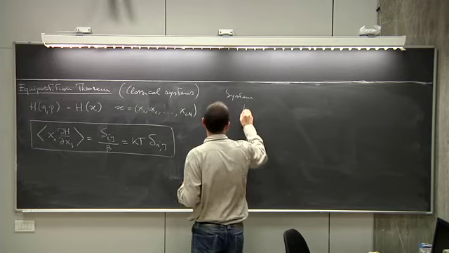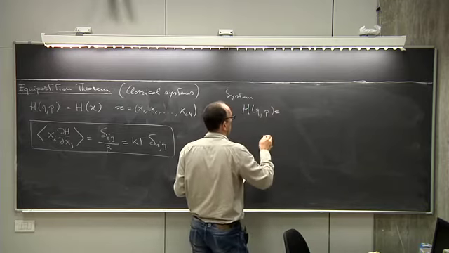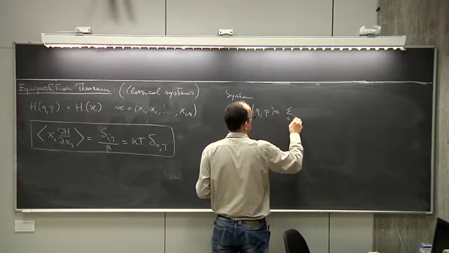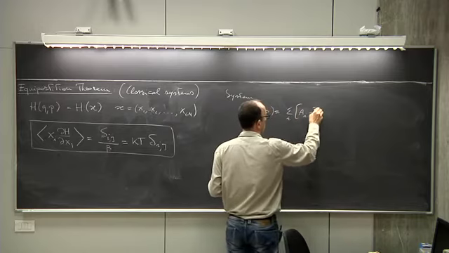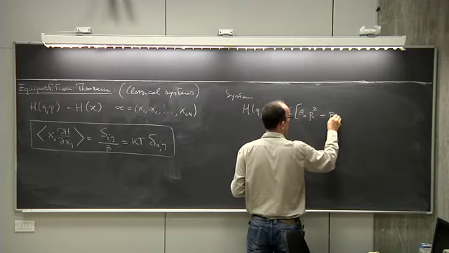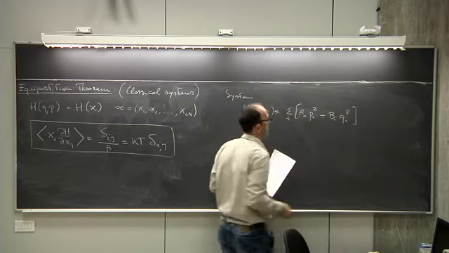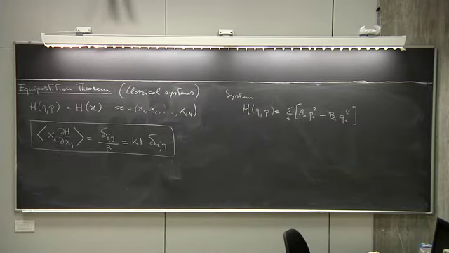So imagine that the Hamiltonian of my system is really a sum over the particles of some a_i times momentum squared plus b_i times q squared. So this is, for example, a harmonic oscillator.